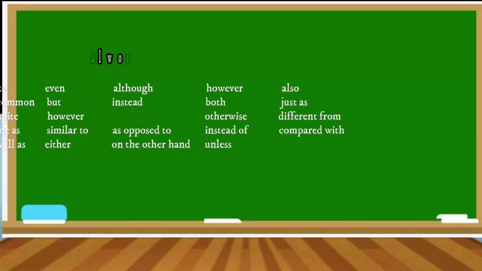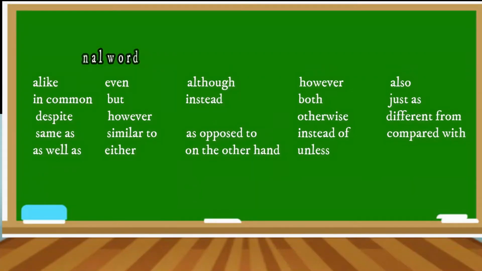Here are the signal words used for this structure: alike, even, although, however, also, in common, but, instead, both, just as, despite, otherwise, different from, same as, similar to, as opposed to, instead of, compared with, as well as, either, on the other hand, unless.